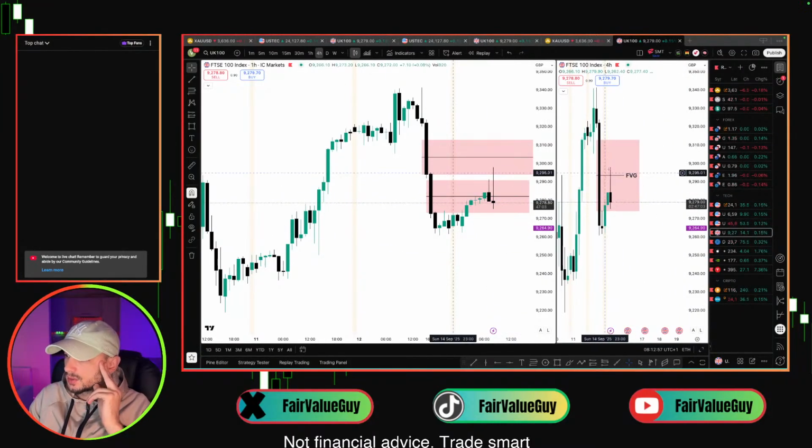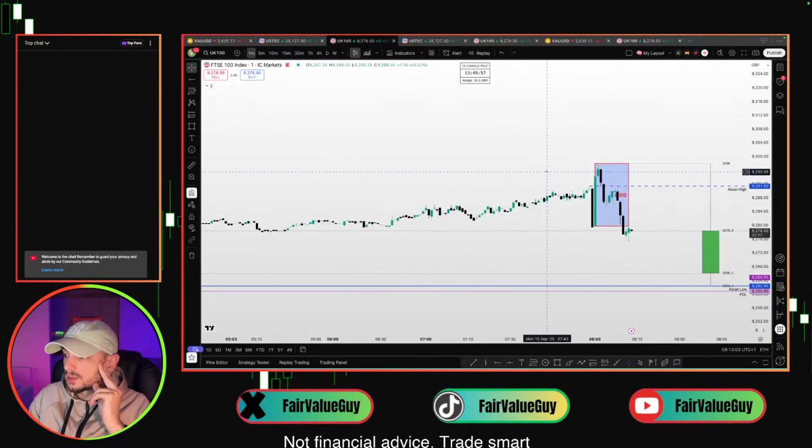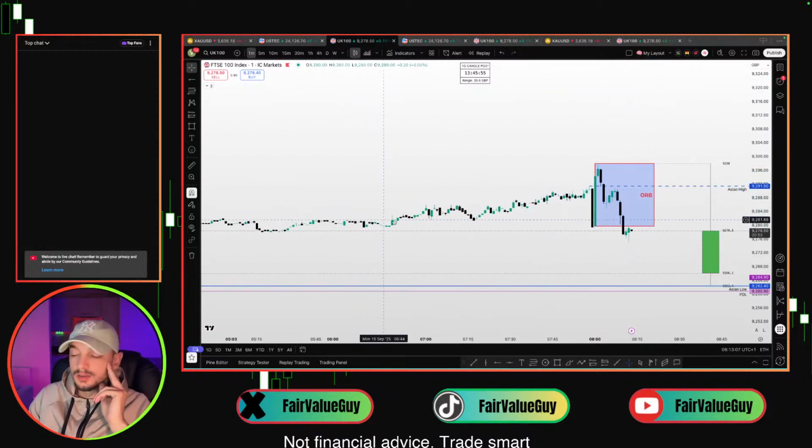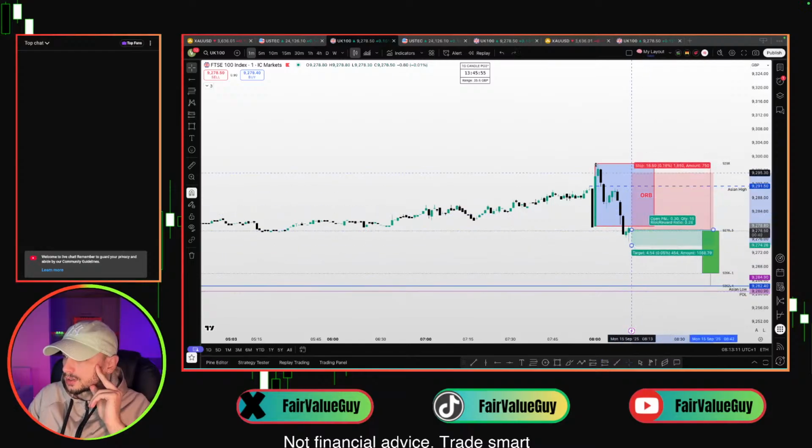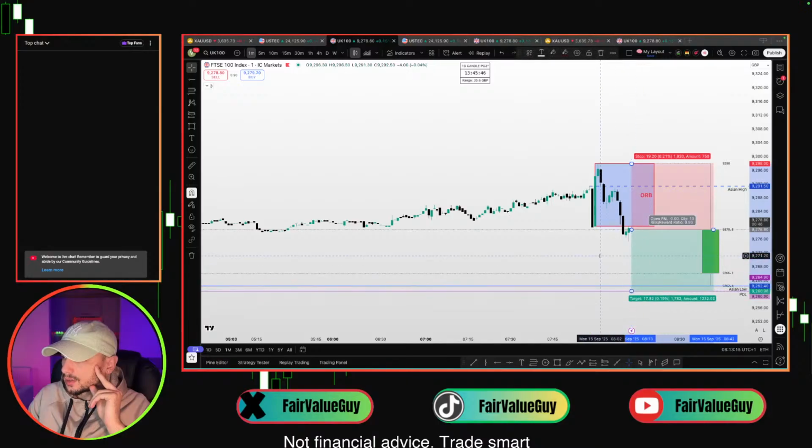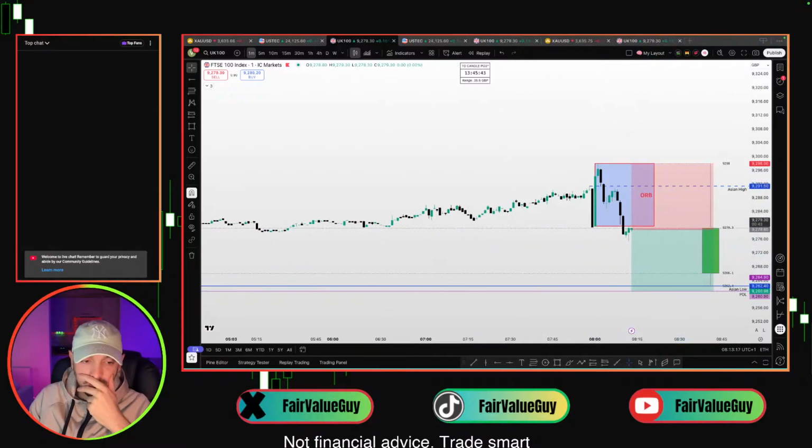I like how it looks on 1 hour and 4 hours. If we go short here, the only thing I don't like is the risk to reward ratio.